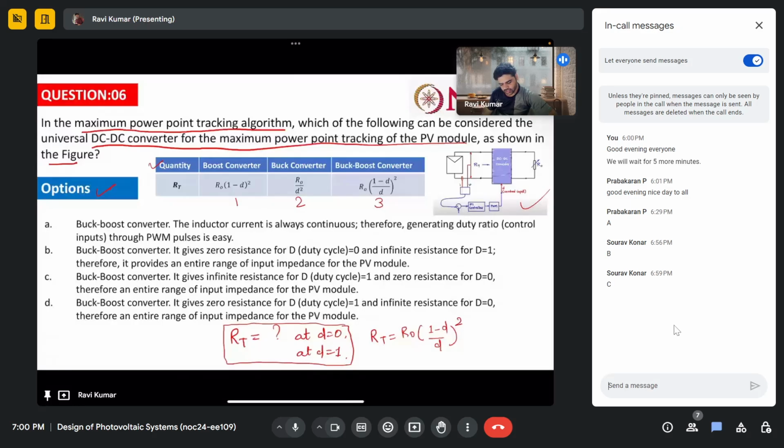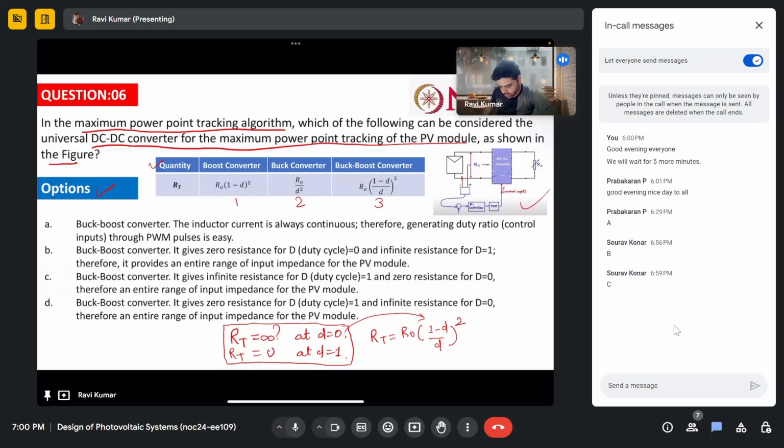If D equals to 0, then RT will be, actually infinity, sir. Yes. So option D. RT will be infinity, and if D equals to 1, then it will be 0.